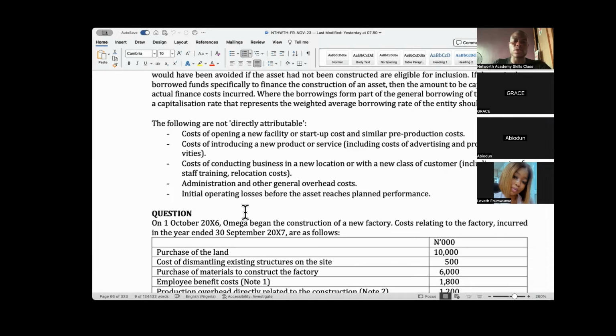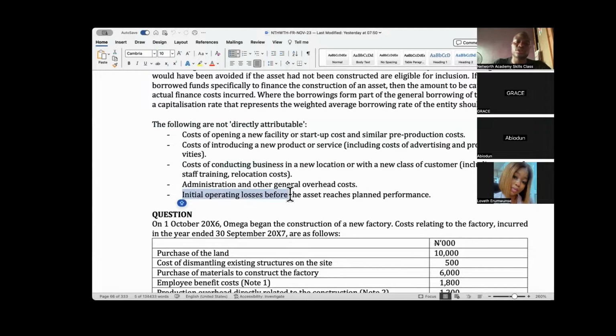Then we looked at some costs that are not directly attributable costs. First of which was cost of opening a new facility or cost of introducing a new product, which is like cost of advertisement and promotional activities. And also cost of conducting business in a new location, administrative and general overhead, initial operating losses, or pre-production costs.